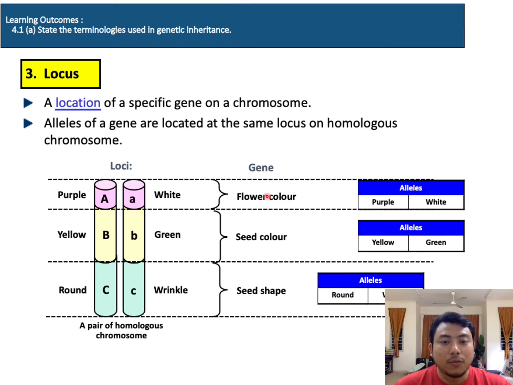The gene for flower color is located at this locus, at this specific site. Betul-betul dekat tempat ni, dekat bahagian atas ni lah contohnya. So the gene for flower color is located at this specific locus, whereas seed color at this locus. And it must be on the same location for the homologous chromosomes.